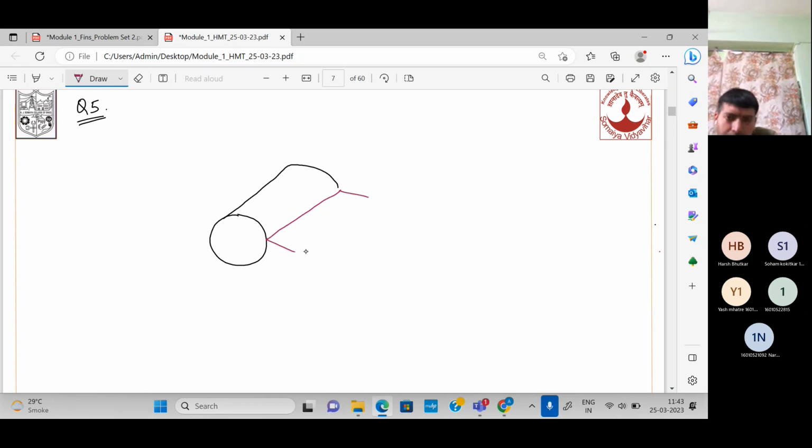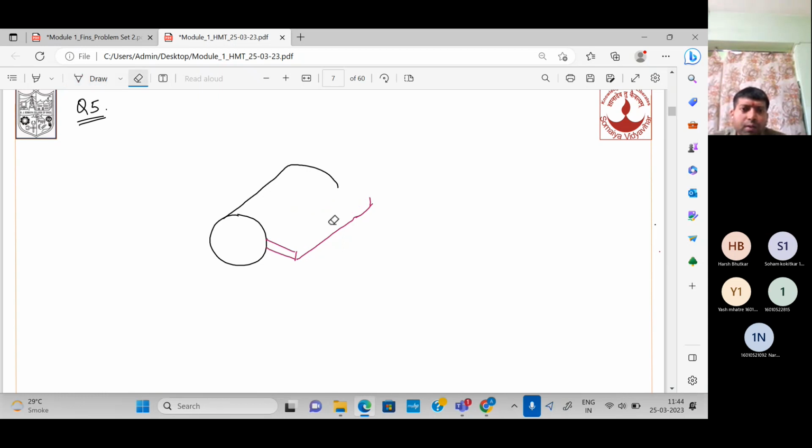Okay, so here the longitudinal fins are attached on it. Fine. Let's draw a clearer diagram. Just give me a minute.